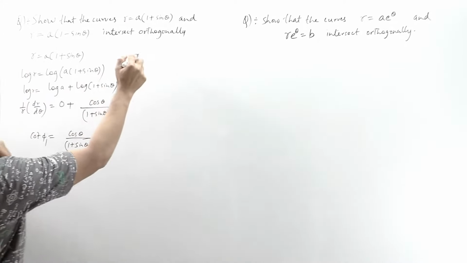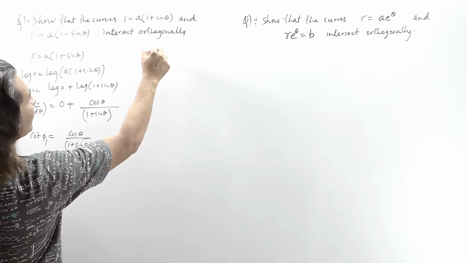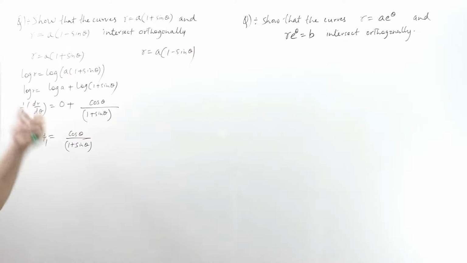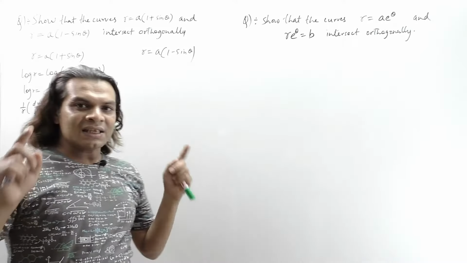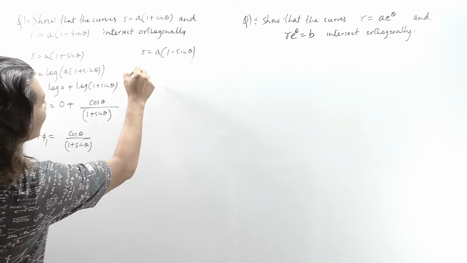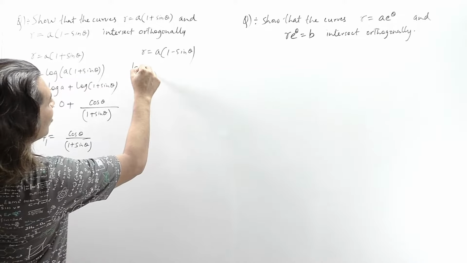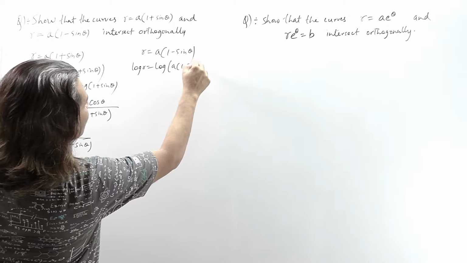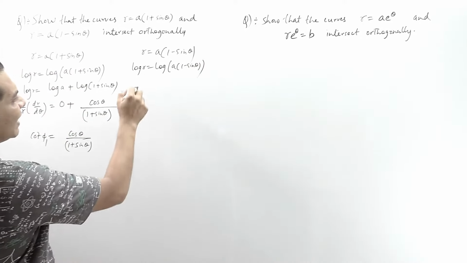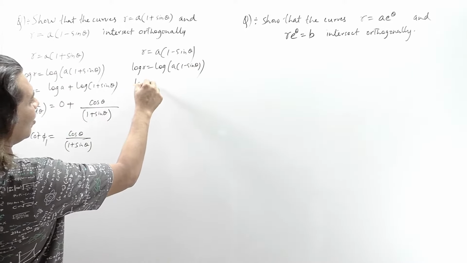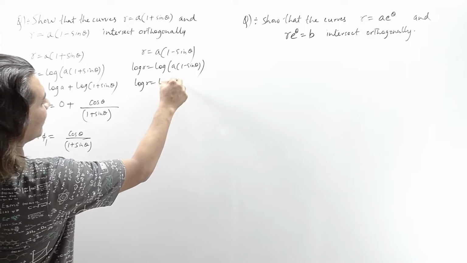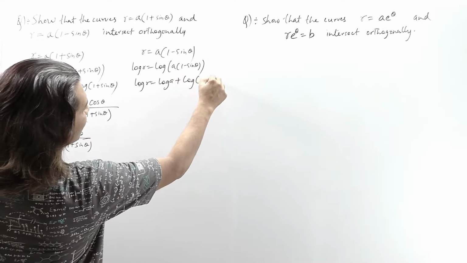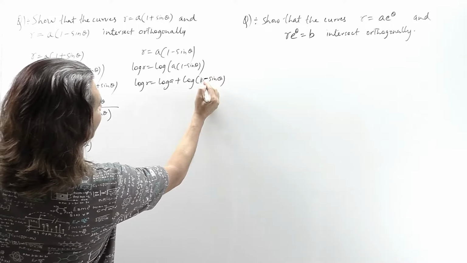What is the second equation? r is equal to a into 1 minus sine theta. So here also, I'll do the same stuff. That is, apply log on both sides. Log of r is equal to log of a into 1 minus sine theta. Again now, log of r is equal to log of a plus log of 1 minus sine theta.